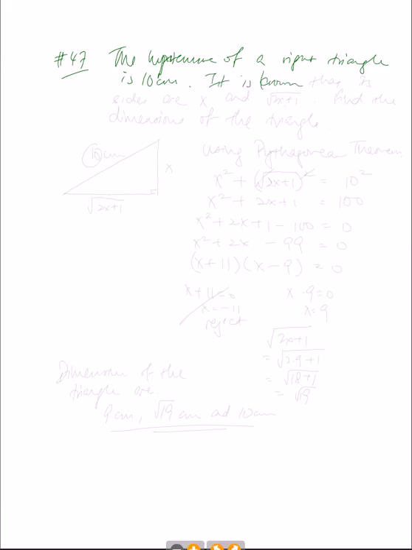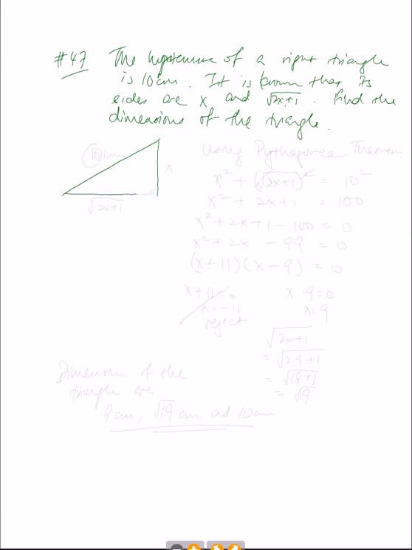It is known that its sides are x and square root of 2x plus 1. Can you find the dimensions of the triangle? So the dimensions here is referring to all the sides.